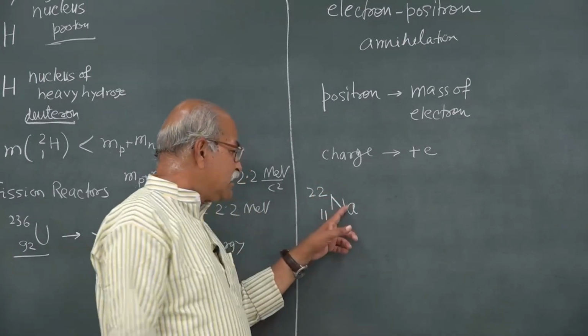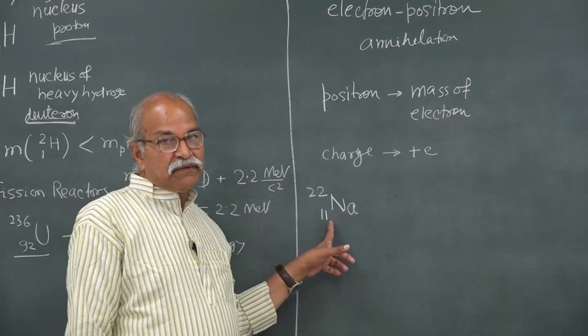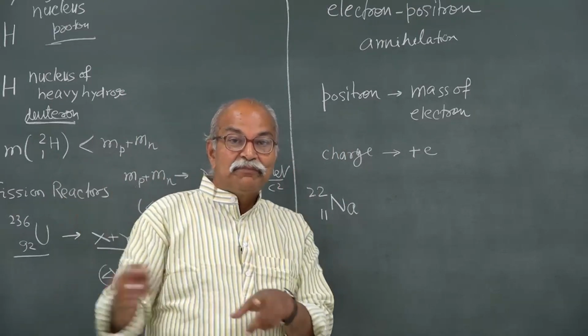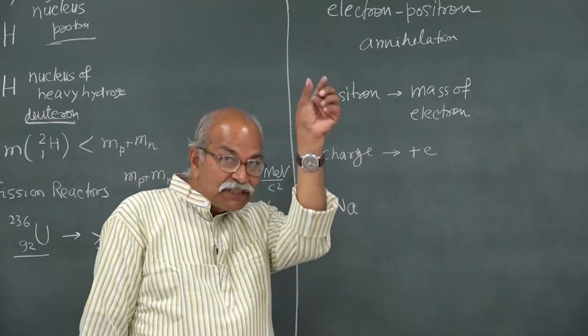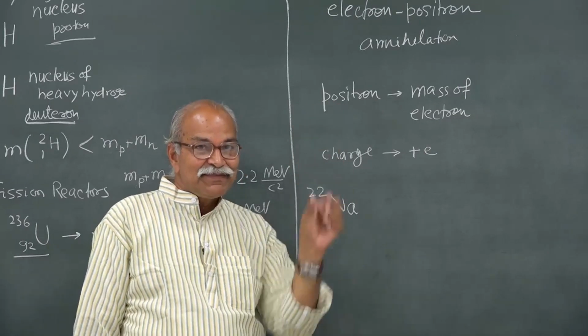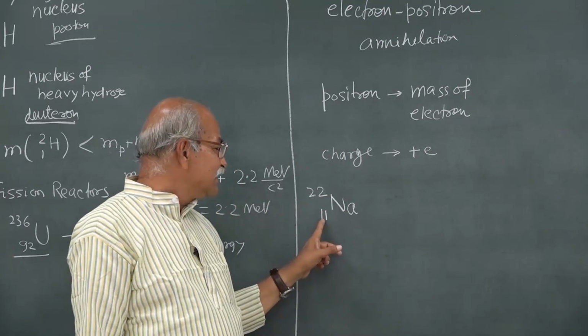You know, sodium has 11 protons, atomic number of sodium. If you recall the periodic table, in the first column you have hydrogen, lithium, then sodium. Z is 11.